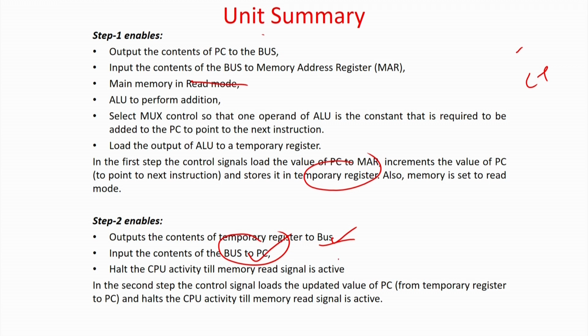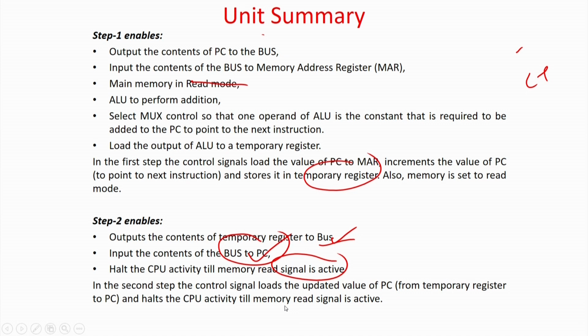Now, you have to wait till the memory signal is ready. Basically, whenever we give a read command and you have given the PC value to the memory address register, you have to wait for some amount of time till the memory says that I am ready and the instruction is now loaded into the memory buffer register. So, in the second step, this control signal loads the updated value of PC from the temporary register to the PC and halts the CPU till the memory read signal is active.